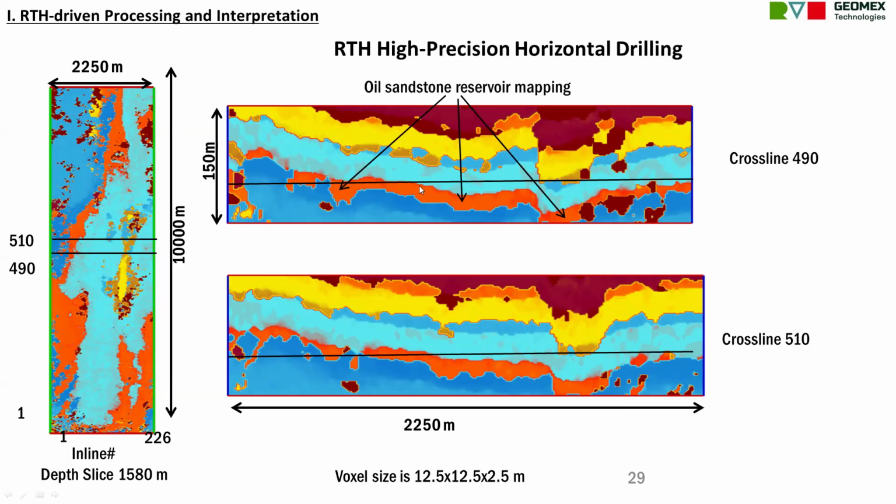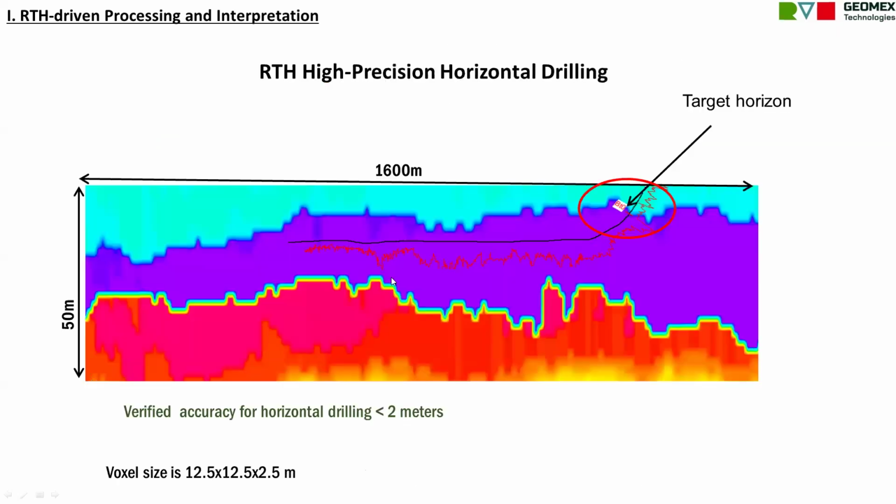The red layer is the target horizon, sandstone with oil. In our attributes, it's one of our attributes. Red color is the target horizon. The cross section is 10 kilometers by 2 kilometers. This is the use of this information as a real assistant for precision drilling.